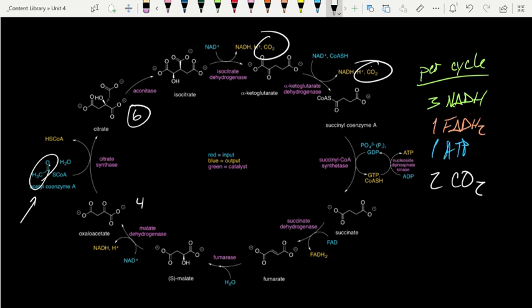Hopefully that gives you a good sense of what Krebs cycle is all about. Its similarity to beta oxidation of fats. Both are happening in the matrix of the mitochondria. Both heavily involve redox reactions. Both generate NADH and FADH2.